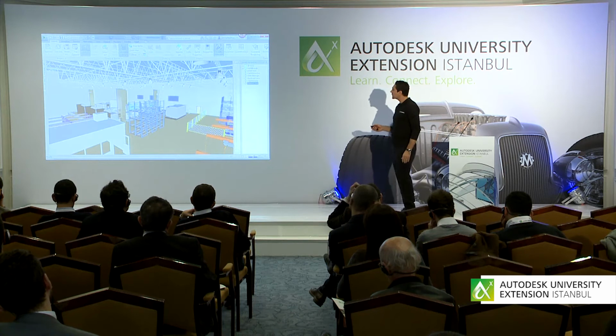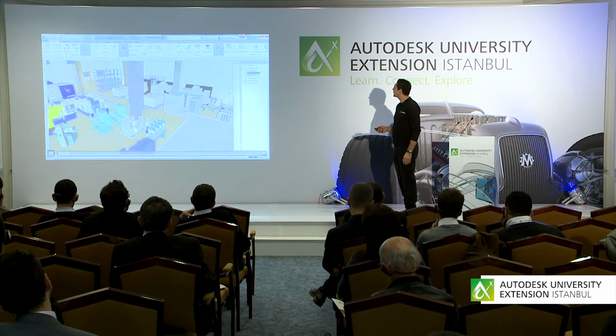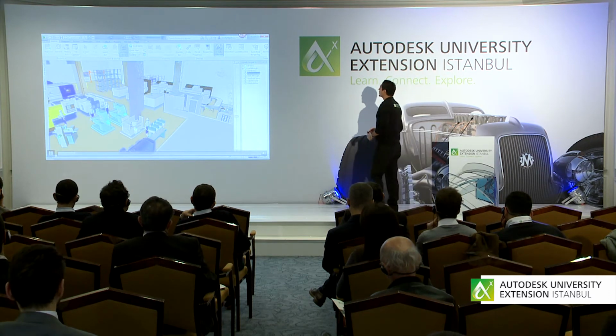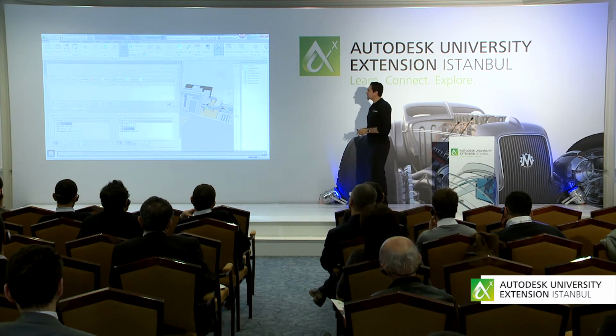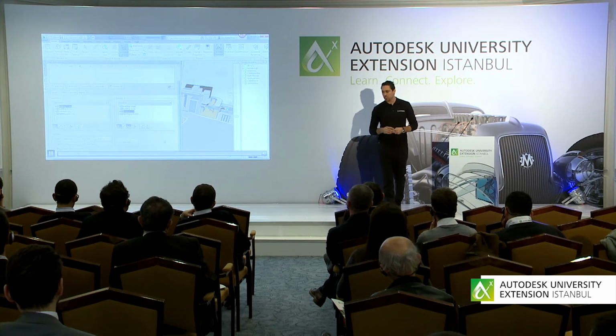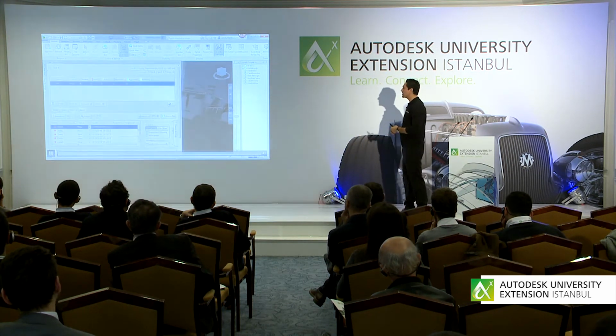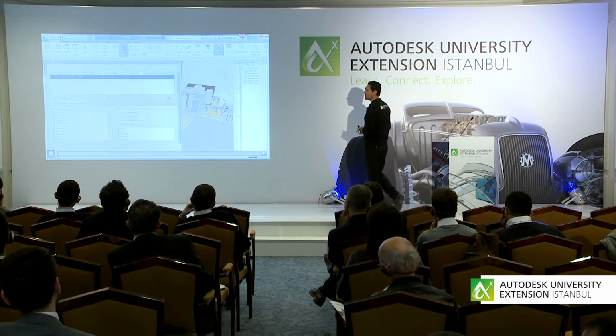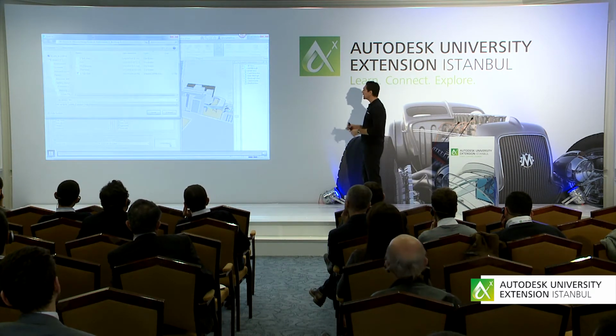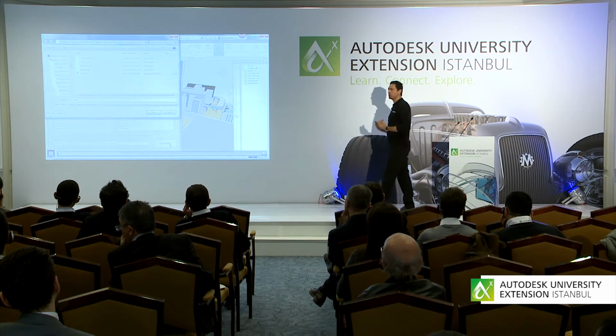So I'll give you a quick little video here. So we're going to run a clash detection here. We've built this 3D factory layout, and we've identified certain areas that we want to assess, the building and some equipment. We get a report.